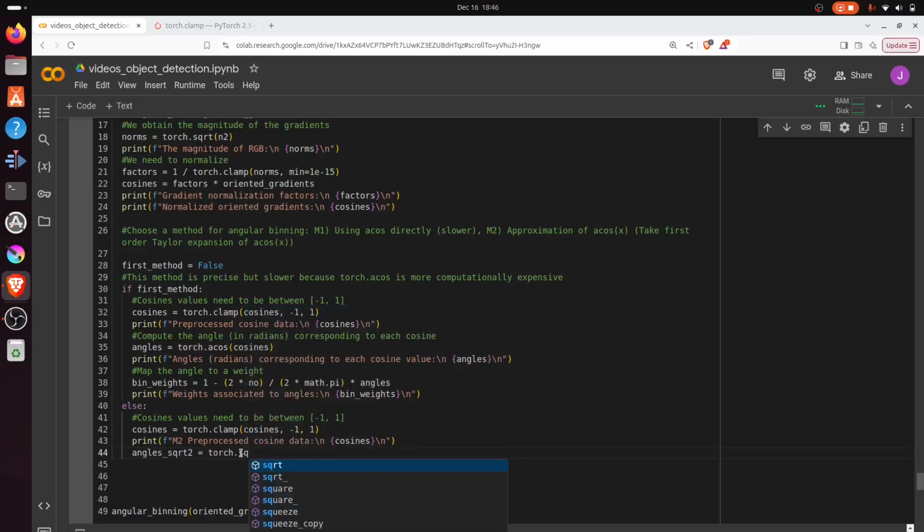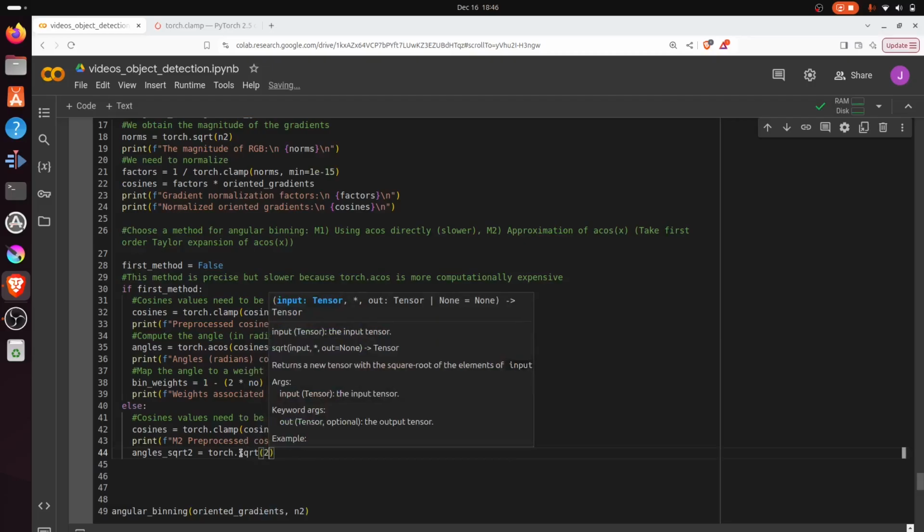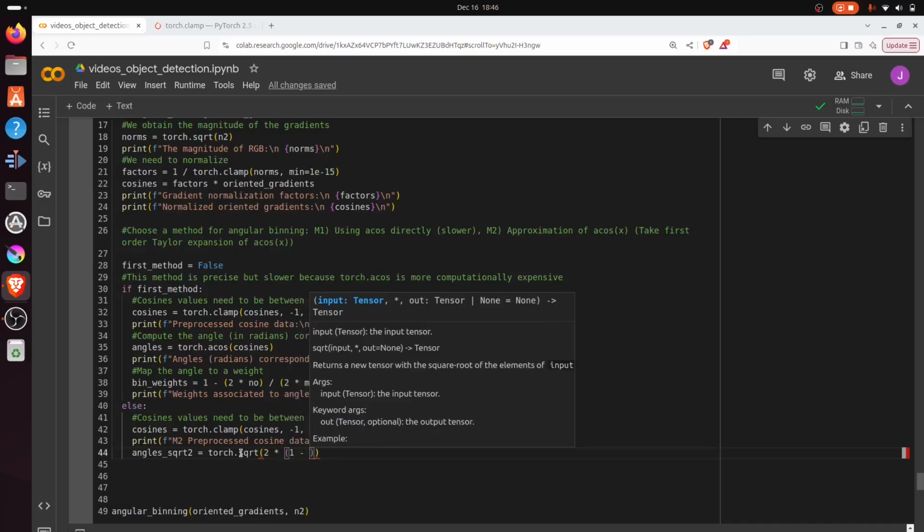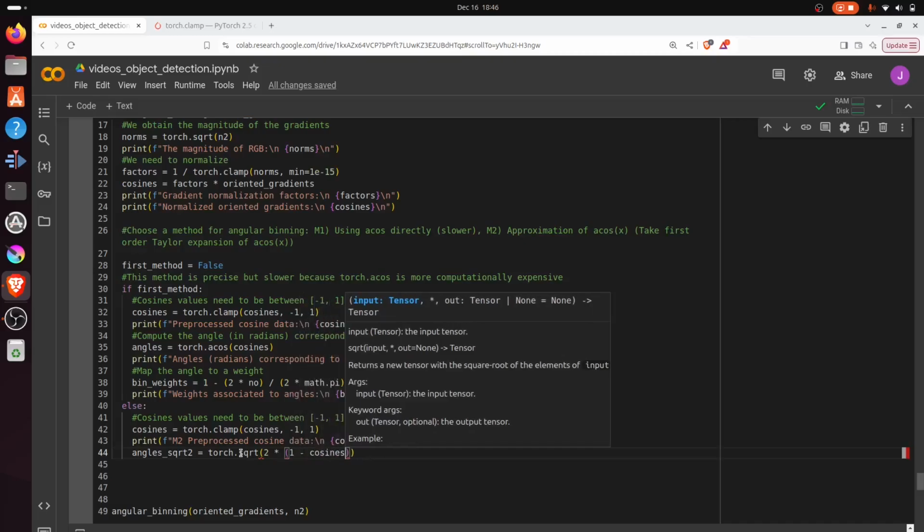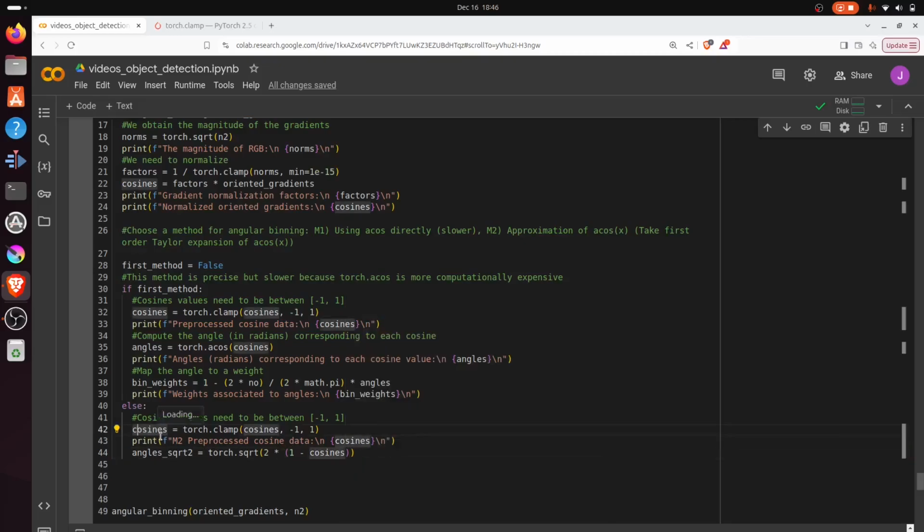Let's implement it: the square root of 2 times 1 minus the values of the cosines. Remember, these are numerical values of the cosines, not the angles associated to them. This is what we're doing right now with this formula.